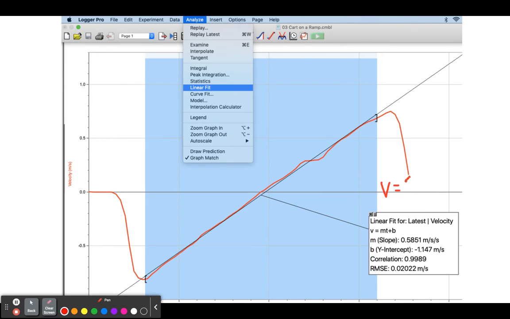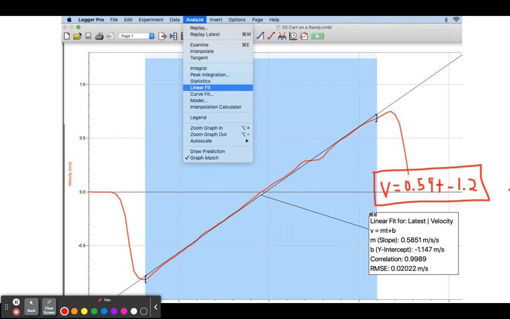So my slope here, I have 0.59 t. And my y-intercept is actually negative here. Again, my graph's flipped. So my velocity as a function of time is going to be 0.59 t minus 1.2. I'll round up a little there.